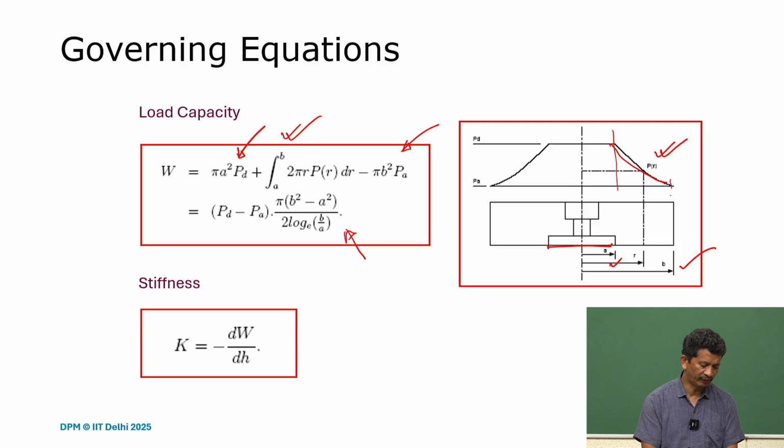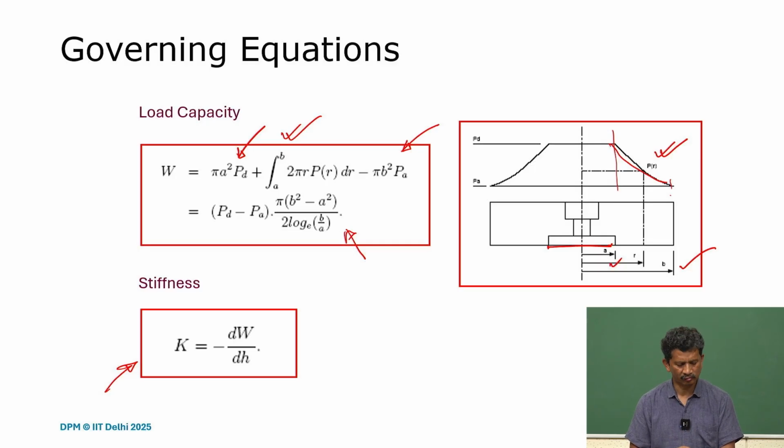And once we differentiate, we can also find the stiffness. So when an extra load is applied, what is the change in your gap? That can give us the stiffness value. It's a non-linear system, so it's not a linear characteristic.